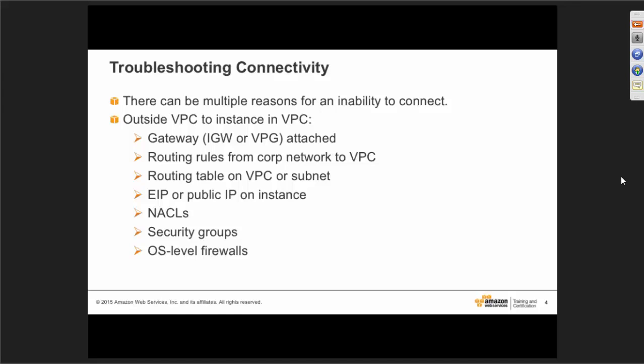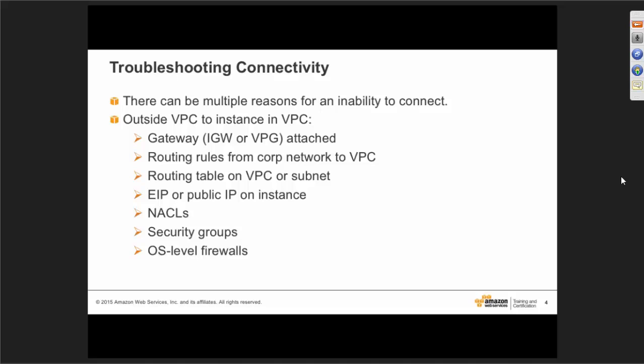If there are firewall rules coming out of your environment, or if there are firewall rules inside the environment. So we're talking about network ACLs and security groups on the way in, and then if you have firewall rules on your corporate network on the way out, that could also be blocking you potentially.